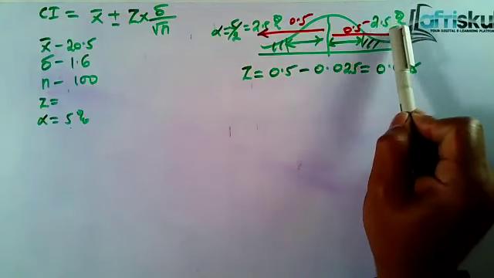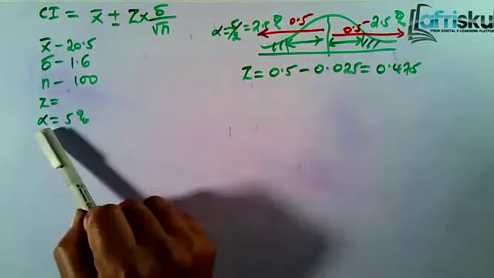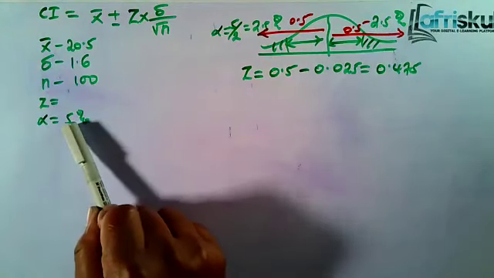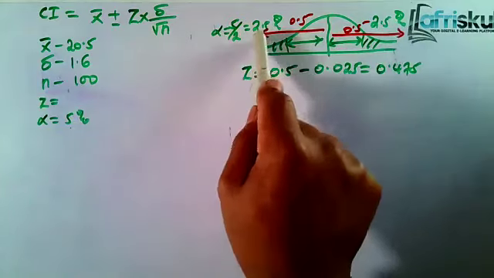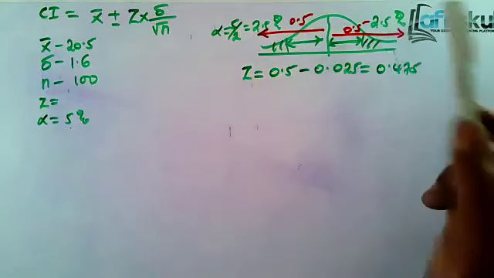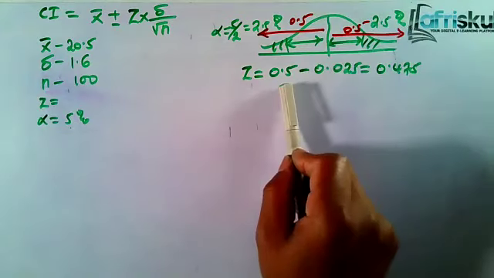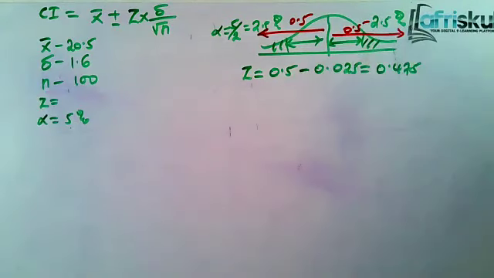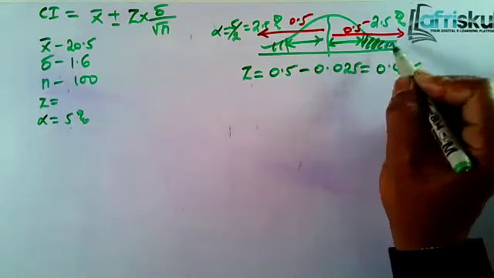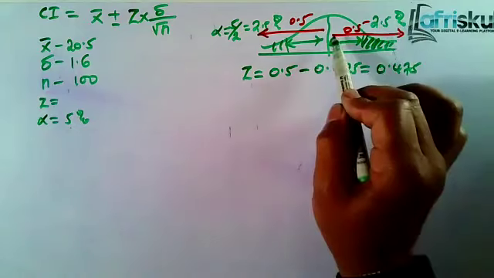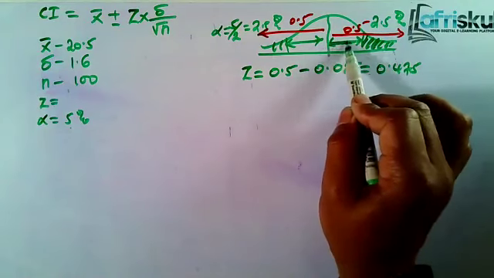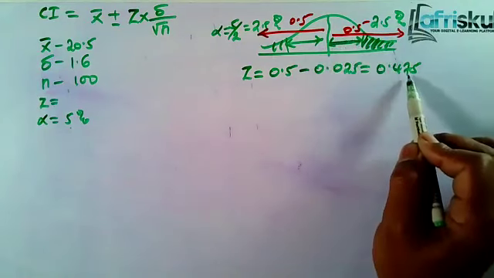This was 2.5% because our significance level was 5%, and when it's 5% you divide by 2, so 2.5% on each side. So I take the half, 0.5, minus the probability of the shaded part, the significance level of 2.5%, and you remain with 0.475. So this region here is 0.475.